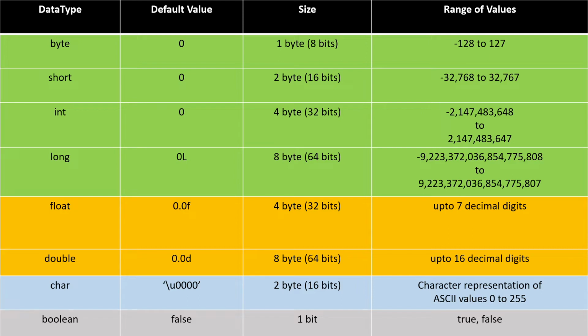Second we have short, which takes the size of 2 bytes, which is nothing but 16 bits, and stores values from minus 32768 to plus 32767.